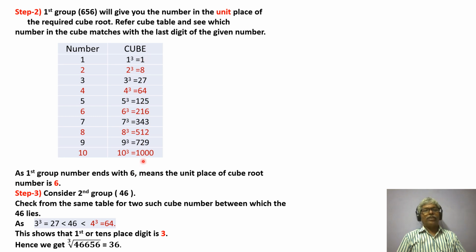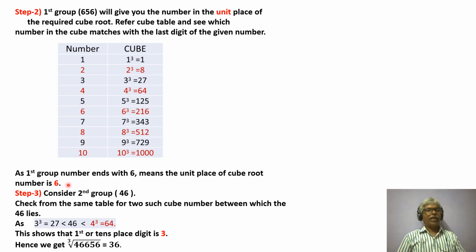Then look at these numbers. Which number ends with 6? 6 cube ends with 6. So the unit digit of this cube root will be 6. That is what is written here. As the first group number ends with 6, the unit place of the cube root is 6. That is the second step.